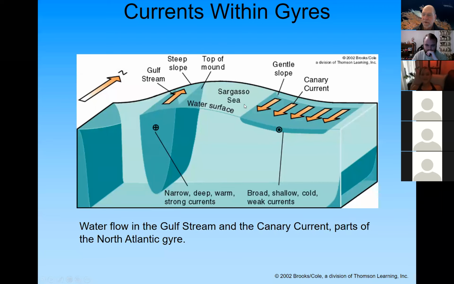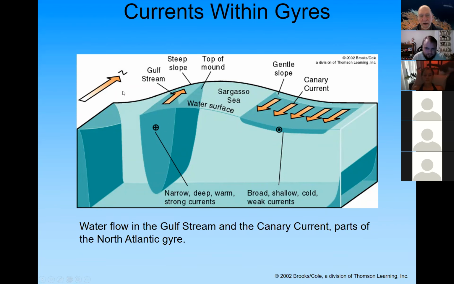But nonetheless, gravity sets water in motion as it tries to correct this. And what this produces are narrow, deep, warm, strong currents that flow from south to north in the northern hemisphere. An example of this is the Gulf Stream.